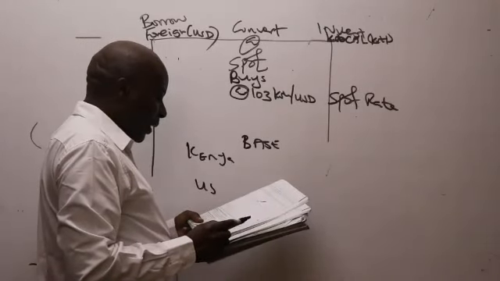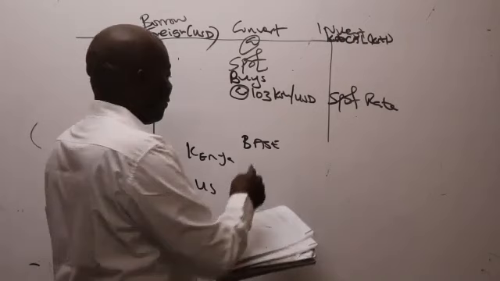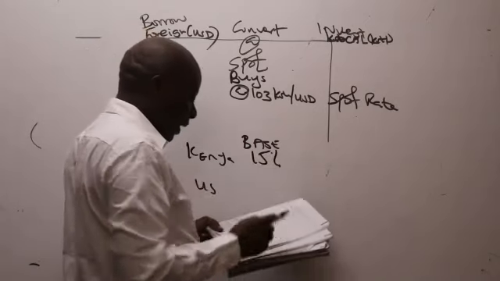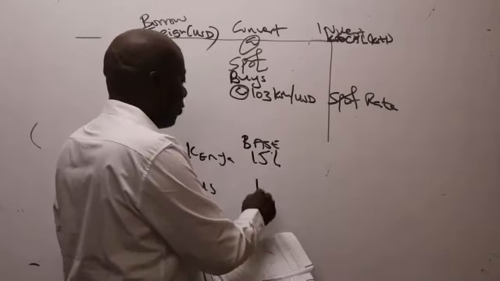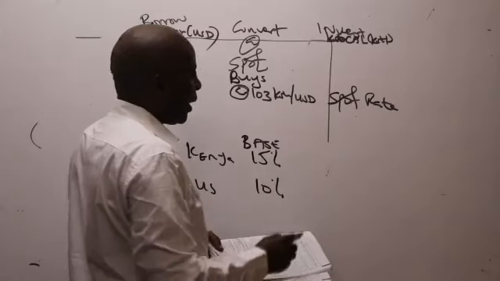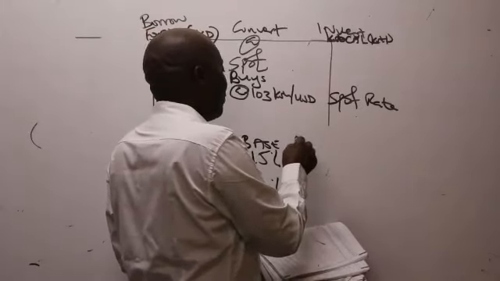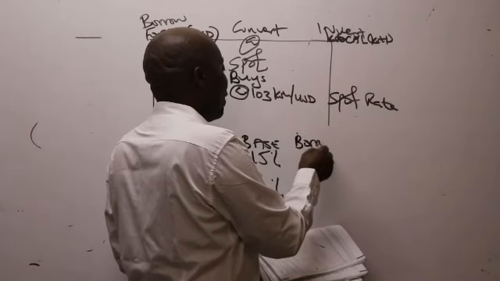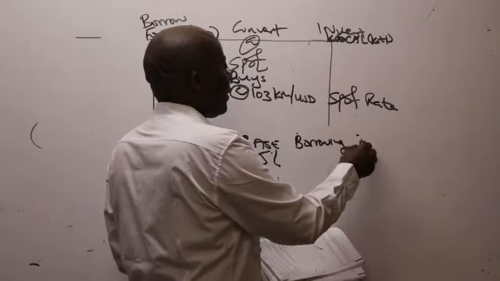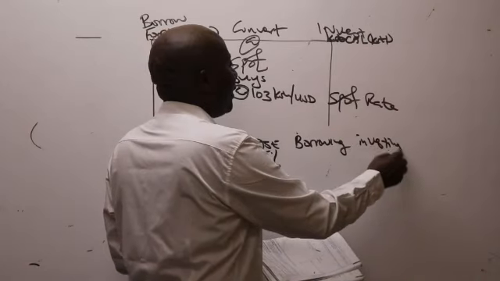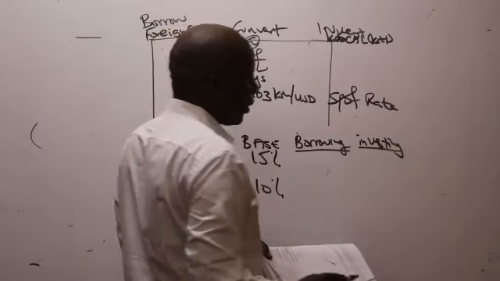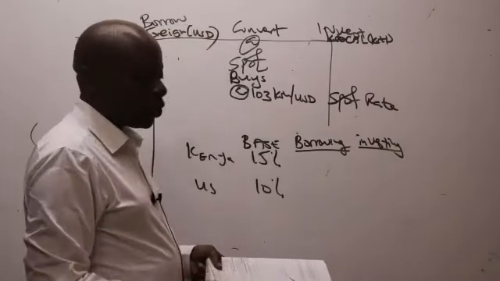The bank base rates in Kenya is 15%, and in the US is 10%, from note number 2. Then I have borrowing, and then I have investing. You can start with any, really, so long as you know that borrowing has always what here?